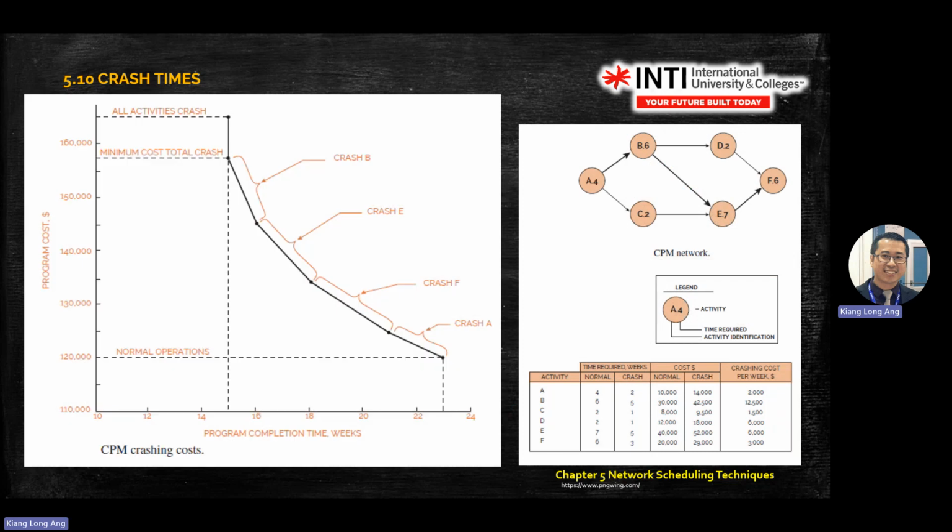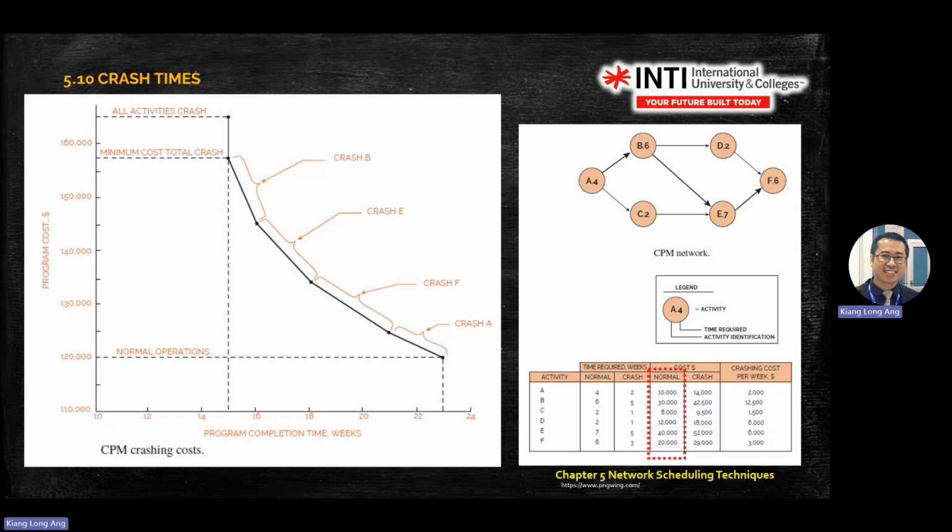How to come up with this graph by using this table? Once you draw the y-axis as your cost and the x-axis as your time, then you go one by one. First, you go for normal operation. If your process runs normally, what is the total cost you need?